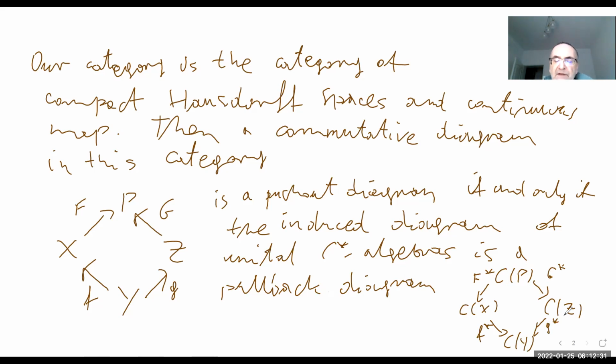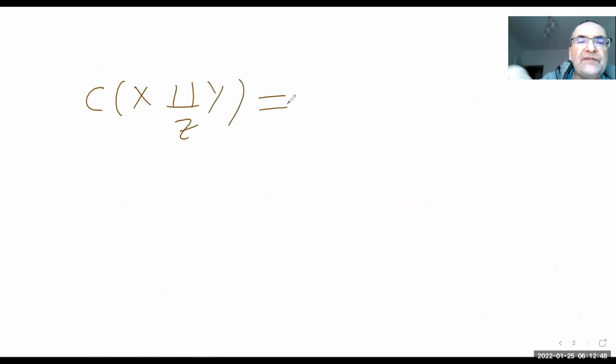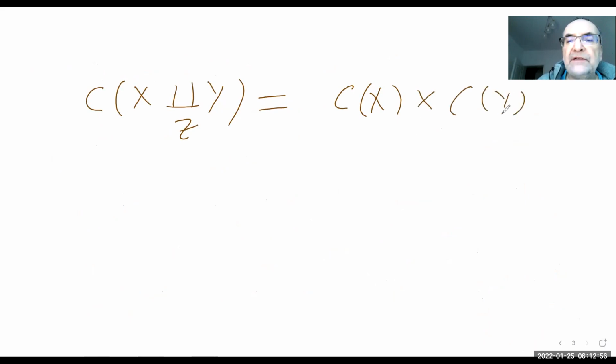Okay, and so in other words, what you can say is that you basically have that C of a push-out, so X, Y, Z, is just the same as the pullback of C of X, C of Y over C of Z. Okay.